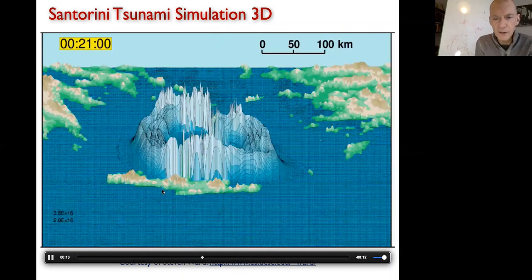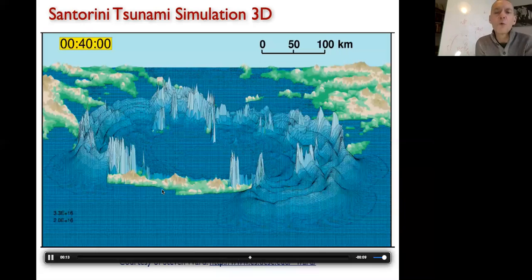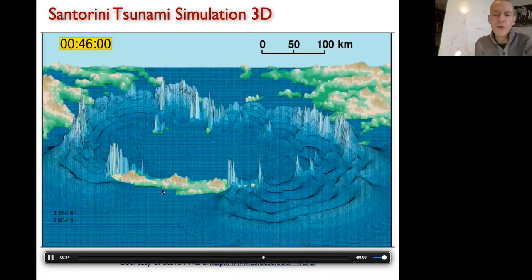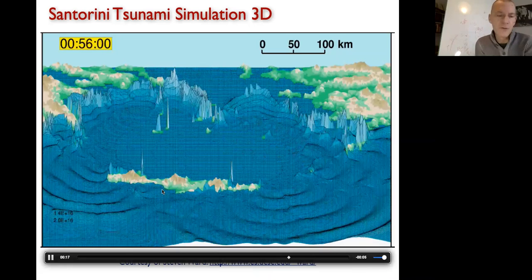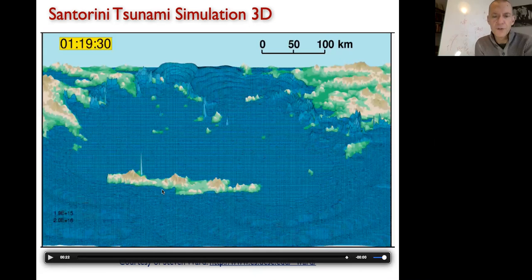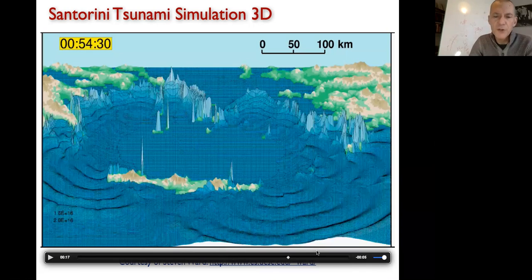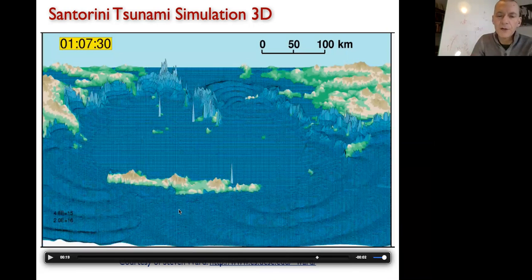He was simulating this, and he was getting from this equivalent source very large heights, especially along the Minoan coast. There were supposed to be some labels at a given time, but here they are not appearing, so I'm sorry for that. But you may have a reference here. Here, he was getting tens of meters, really tens of meters.